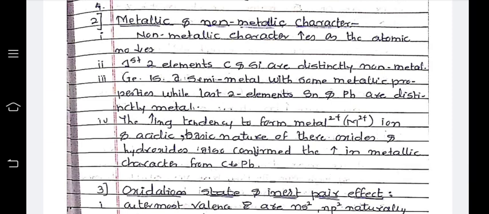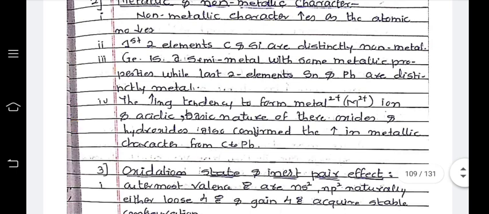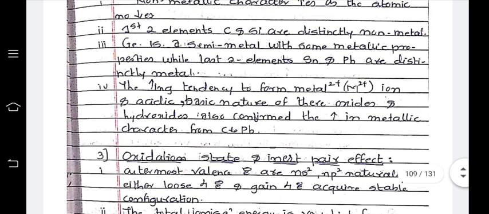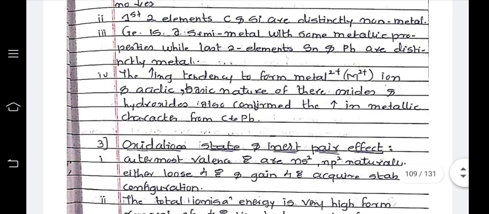Next point is the metallic and non-metallic character of the silicon and germanium families. Metallic character increases as the atomic number increases. The first two elements, carbon and silicon, are distinctly non-metals.